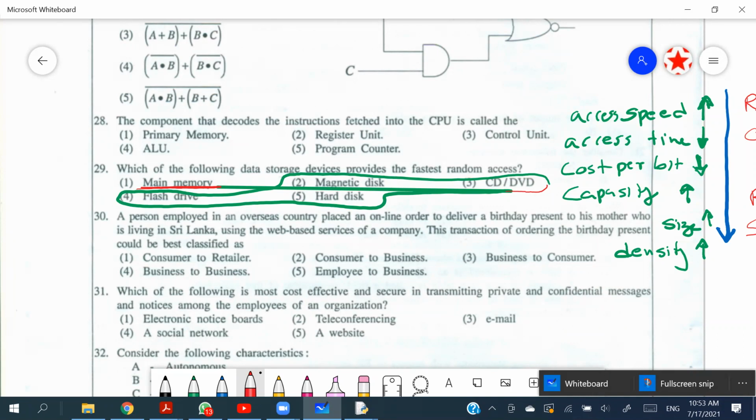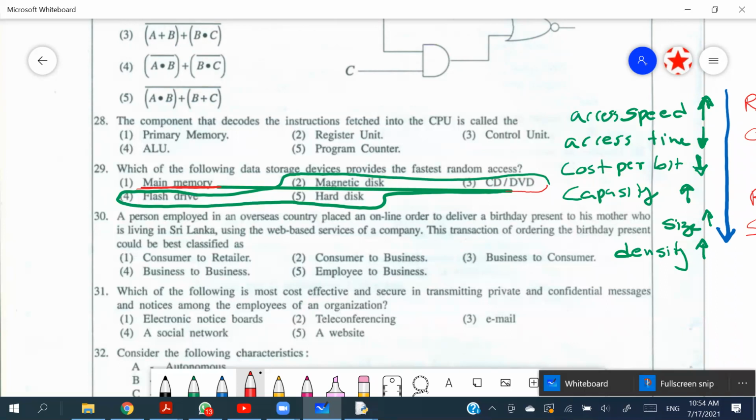Read this carefully, because it says a person employed in an overseas country placed an online order to deliver a birthday present to his mother who is living in Sri Lanka. Right? So using the web-based services of a company.